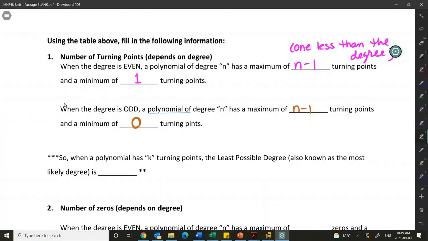Okay, so when a polynomial has a certain number, k, of turning points, the least possible degree, also known as the most likely degree, sometimes I like to say lowest possible degree, sometimes that makes a little bit more difference. The lowest possible degree, also known as the most likely degree, is 1 more than the number of turning points.